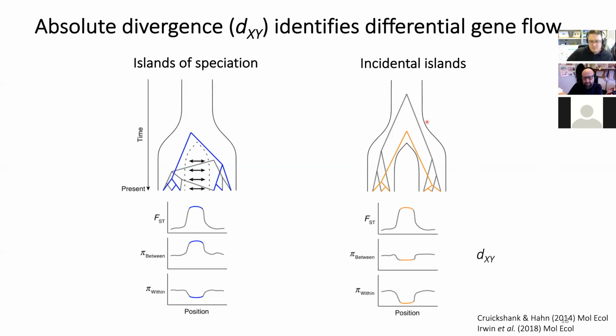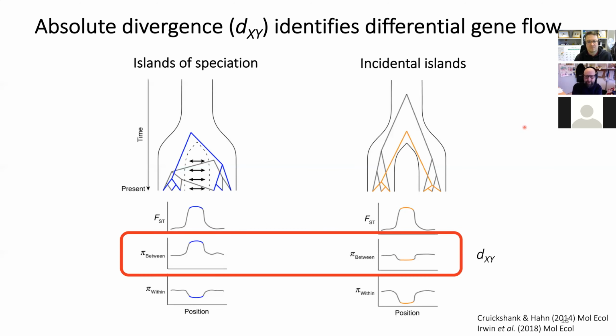And in this example, you have regions that are undergoing linked selection. The way to distinguish between them is to use this absolute divergence, or dxy statistic, which I'll be coming back to later. So this is a useful way of uncovering the mechanism of species divergence.